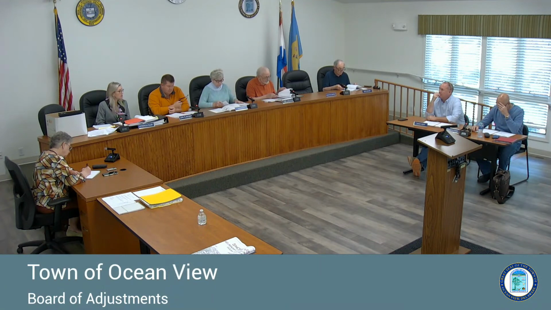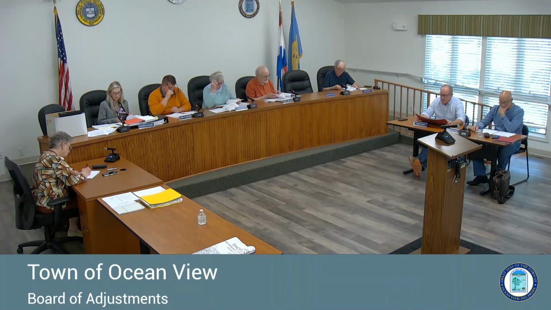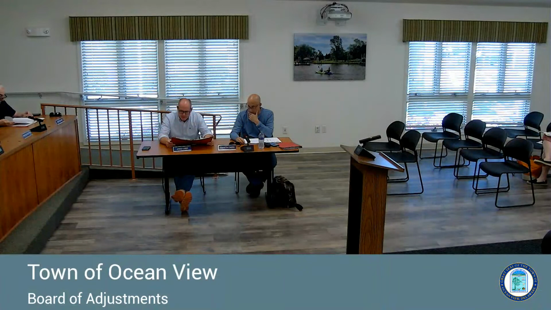Mr. Simino, Mr. Lober, do either of you have any comments to present to the board? I do. Thank you. According to a survey and Federal Emergency Management Agency elevation certificate completed by Simpler Surveying and Associates and submitted by the homeowner in support of their application, the proposed floor elevation of the addition to the dwelling unit is 7.3.